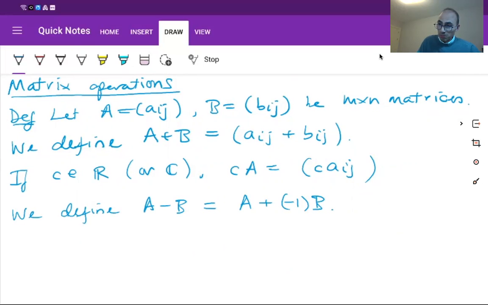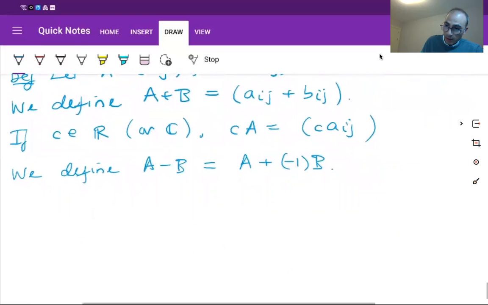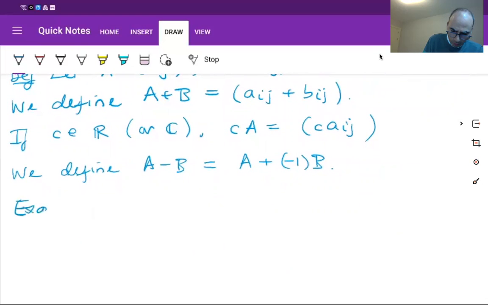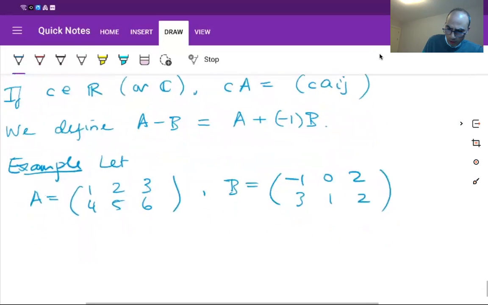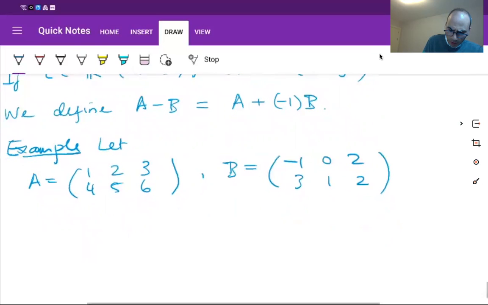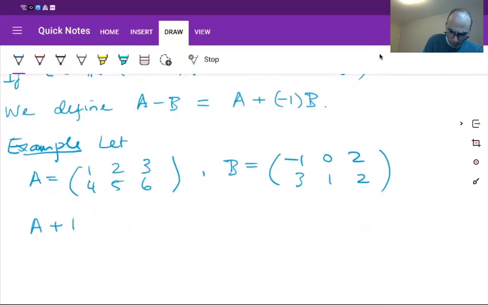So let me give you an example. So let's let A be the matrix. I won't put any complex numbers, I'll give you simple matrices. So here's two matrices, and their sum is, we just add the corresponding entries.